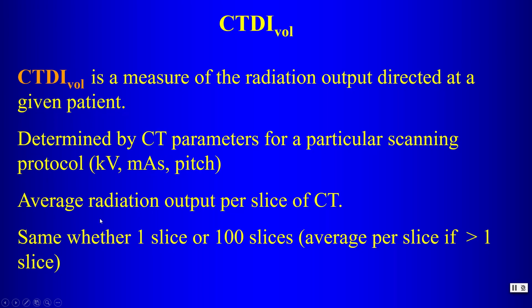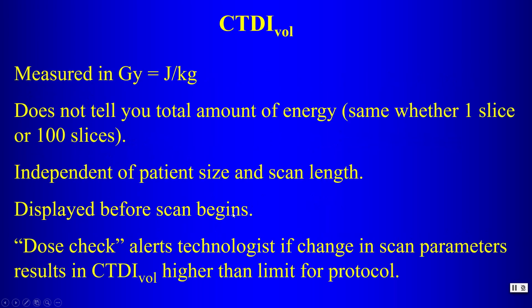We can think of this as the average radiation output per slice of the CT scan. So this particular number, that CT dose index, will be the same whether it's one slice or 100 slices. So that's why it's best to think of this as the average per slice, especially since we're usually doing many slices and not just one.